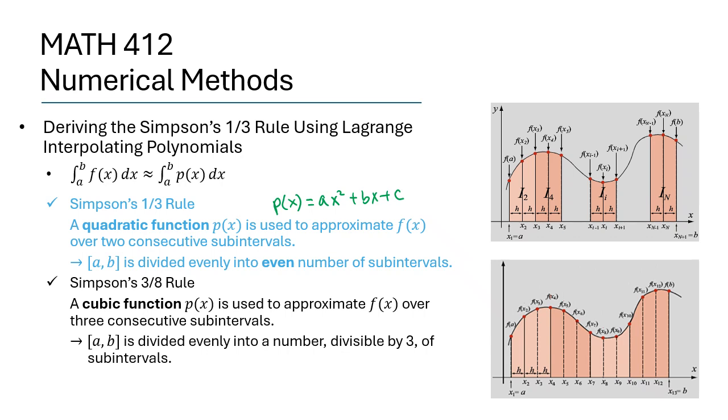Hello, today we'll study how to derive the Simpson's one-third rule using Lagrange Interpolating Polynomials. Unlike the rectangle method and the trapezoid method, we use a line segment, a straight line segment, to interpolate 2 points of an interval.